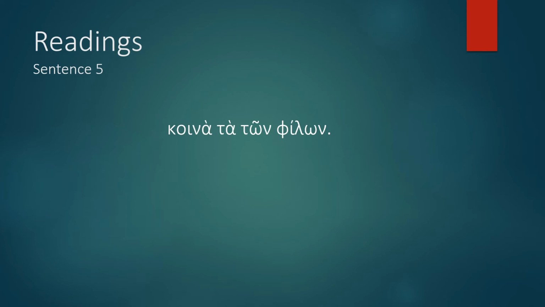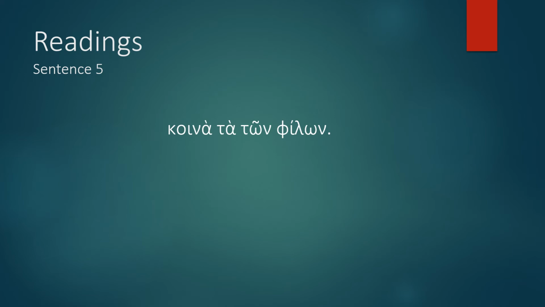Ton philon is pretty obviously genitive plural, but note the position of koina. It is before the article, so it is in predicative position. The only thing in attributive position, that is the only thing with the article before it, is ta ton philon.